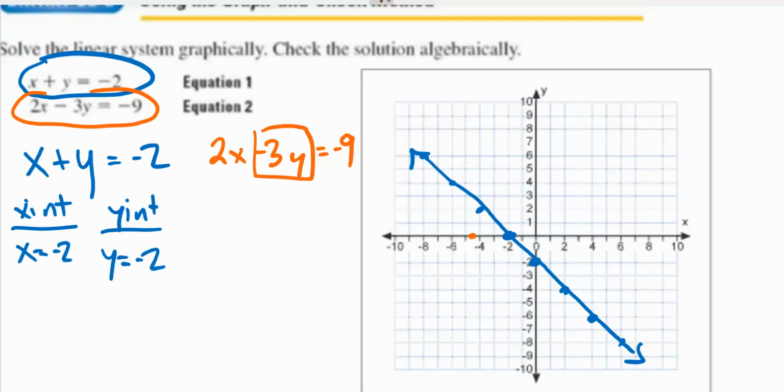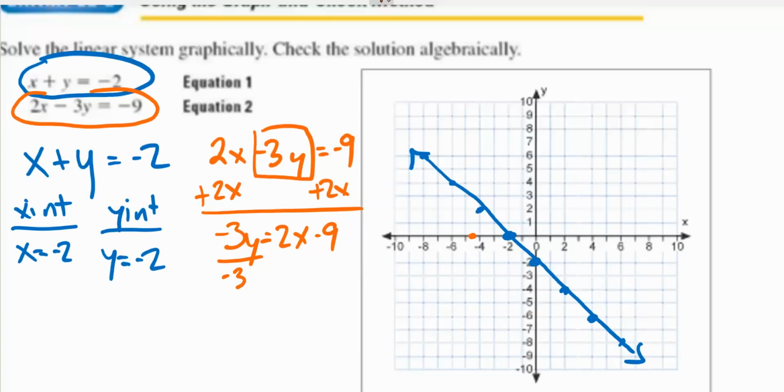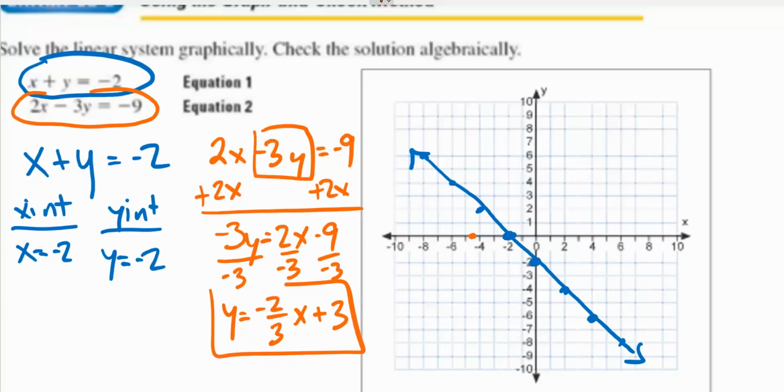So what would we need to do? We'd need to add 2x to both sides if we're trying to solve for y. And we get negative 3y equals 2x minus 9, divide by negative 3, and we get y equals negative 2/3 x, two negatives make a positive, plus 3. So now what's our y-intercept? Our y-intercept is 3. What's our slope?